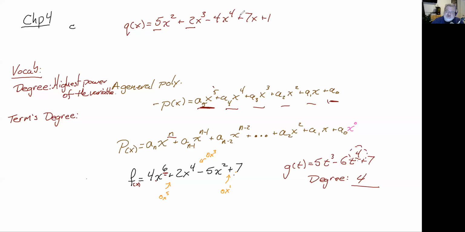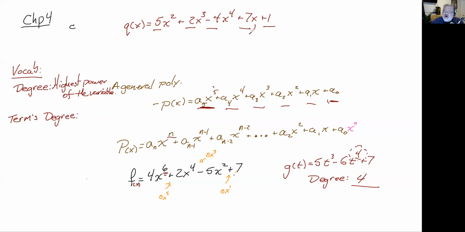The coefficient of the 4th degree term is negative 4. Constant term is 1. Coefficient of the x to the 1st term, so the coefficient of the 1st degree term, 7. So being able to reference the terms by their degree is handy.